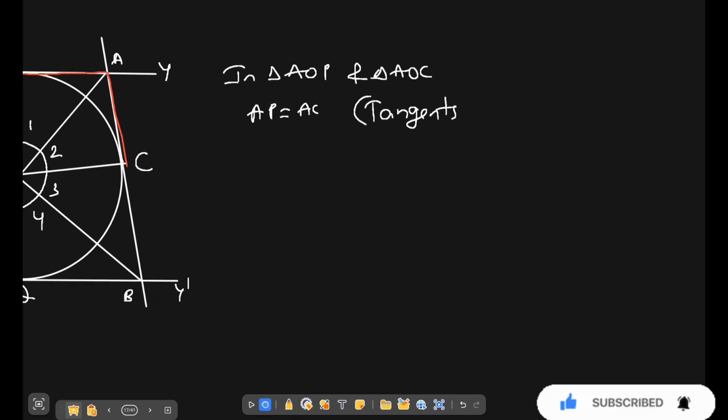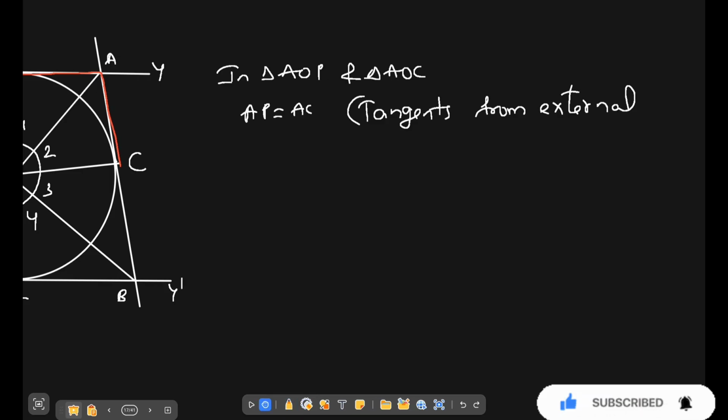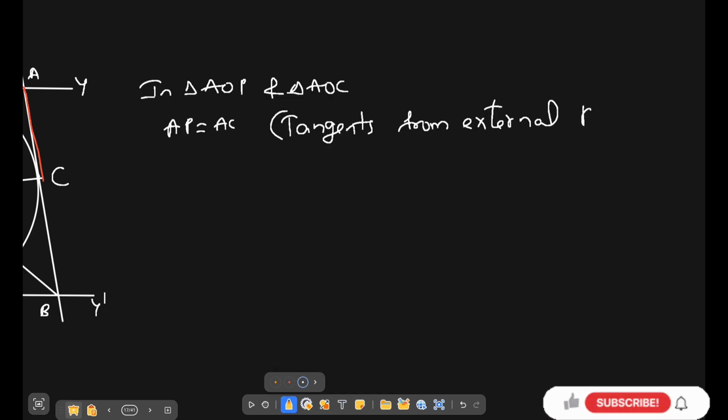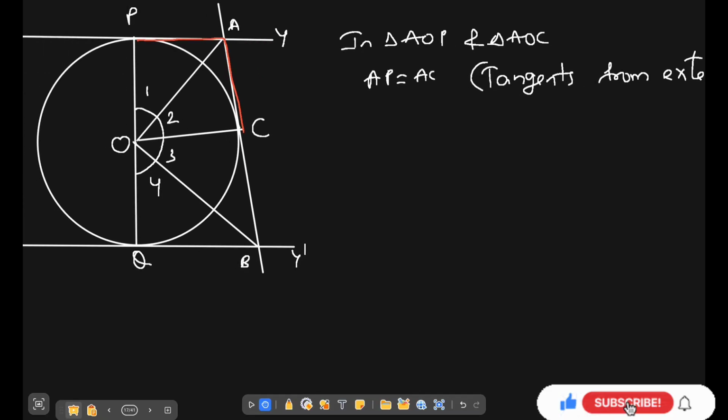Next, OA is common, so OA is equal to OA. It is common in both the triangles.